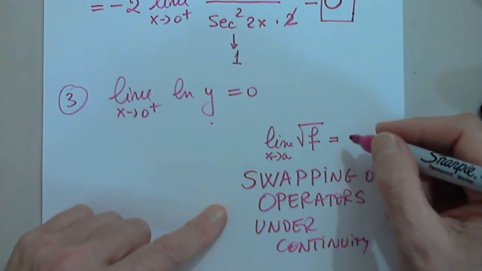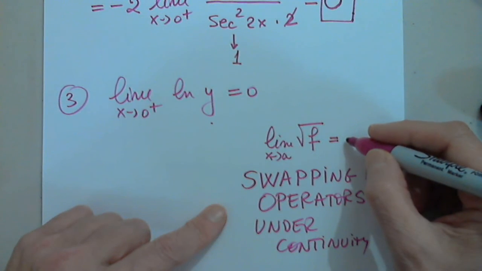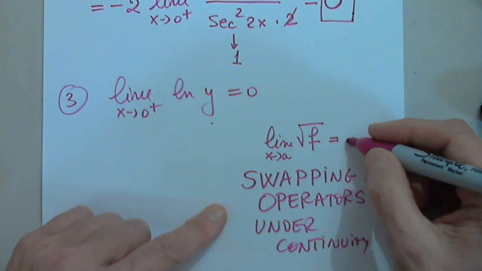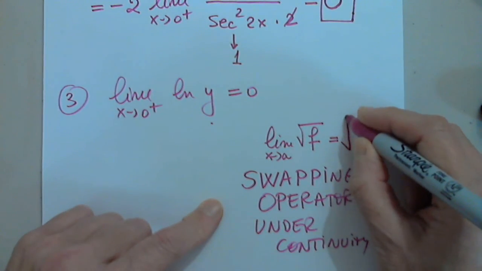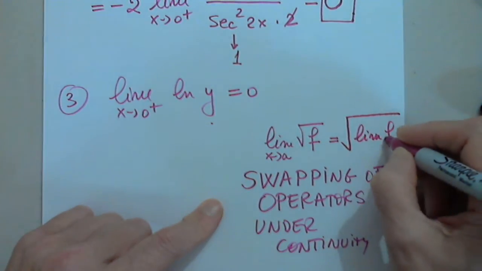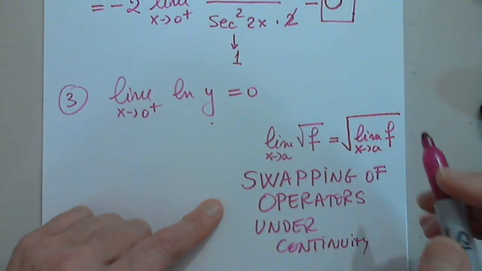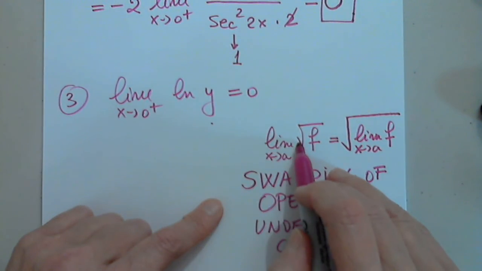Swap the operators and tell me what to write. Limit is outside, the square root inside.